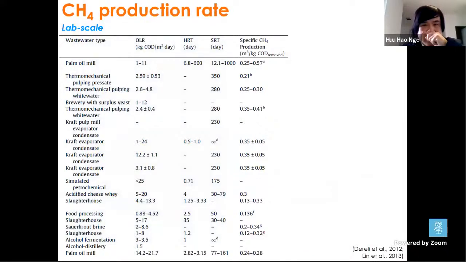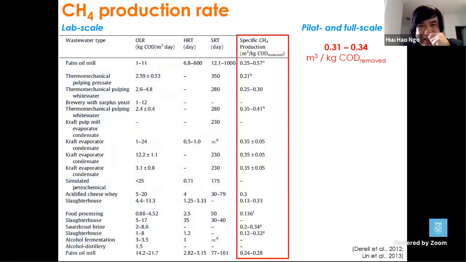Methane production is 0.31 to 0.34 cubic meter per kilogram COD removed. That means for 1 kilogram COD removed, we will have 0.31 to 0.34 cubic meter.